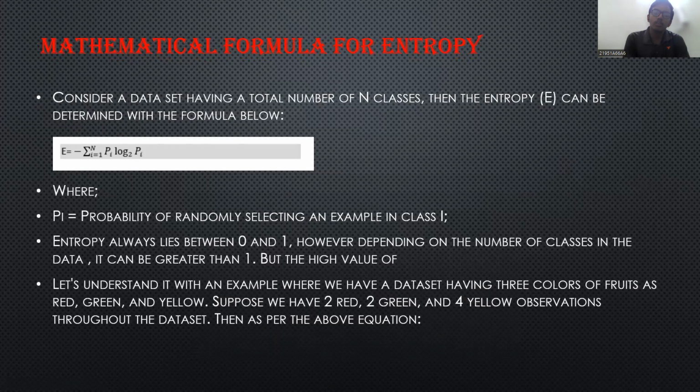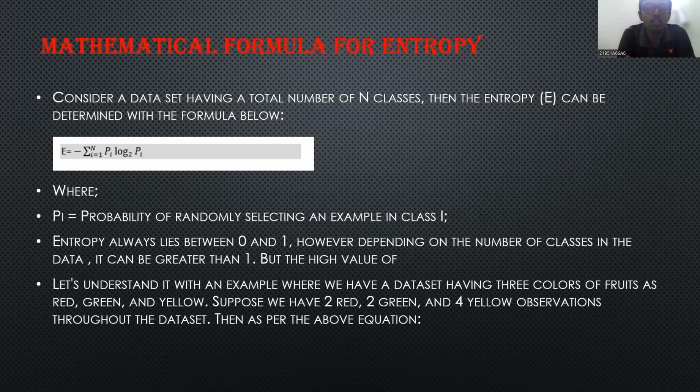where P1 is equal to the probability of randomly selecting an element in class 1. Entropy is always between 0 and 1. However, depending upon the number of classes, it can be greater than 1.